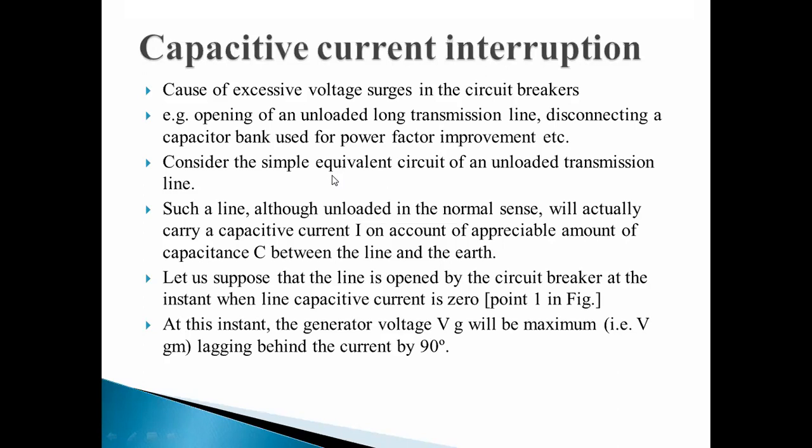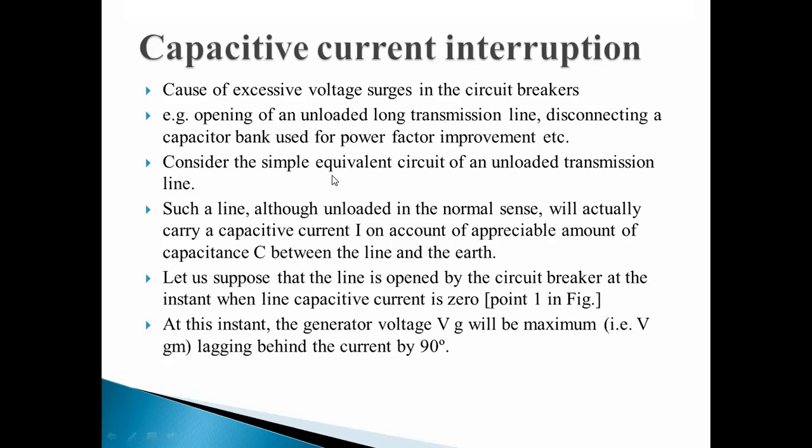So that capacitive current will flow on account of the appreciable amount of capacitance C between the line and earth, right? Because the capacitance is there and it is storing some energy. So due to that, the current will flow through that line, and that is nothing but the capacitive current.